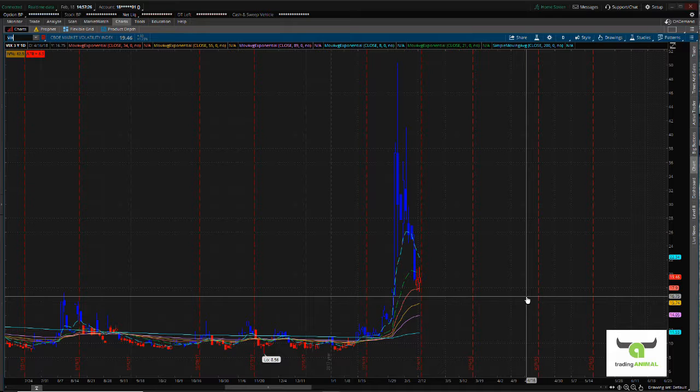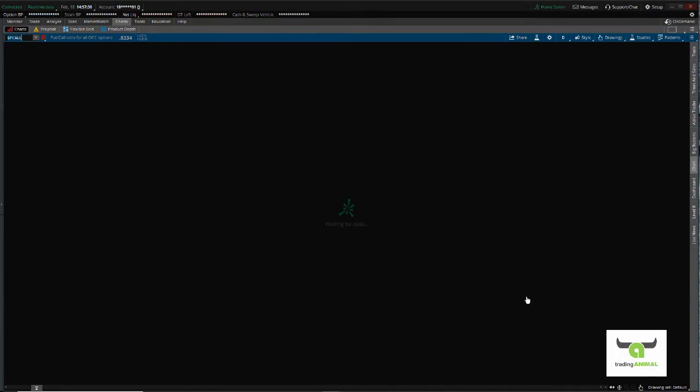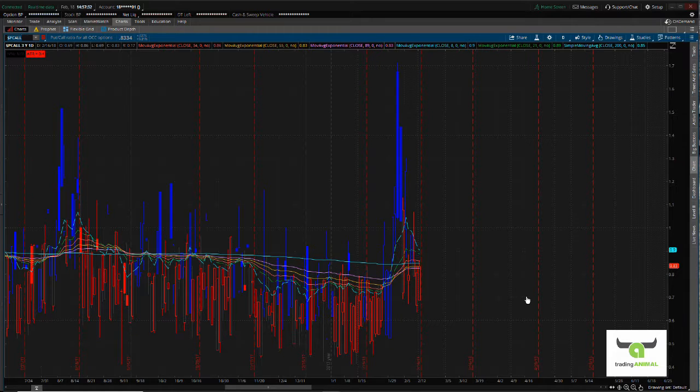The second thing that I like to look at right now is the put-call ratio. If you're unfamiliar with the put-call ratio, it is a contrary indicator. It's basically measuring the number of puts traded versus the calls each day. One way to interpret the put-call ratio is that anything above 1.0 equals bearishness, because it is a contrary indicator.